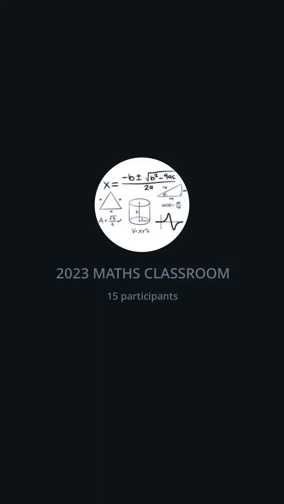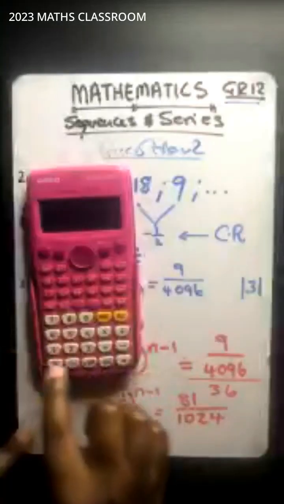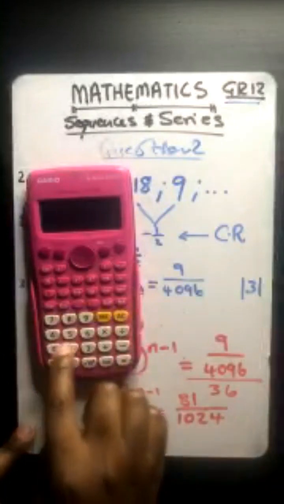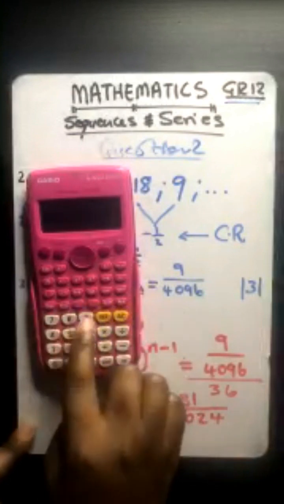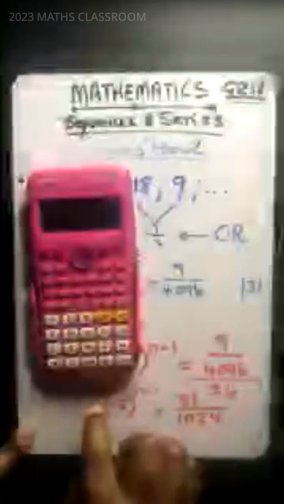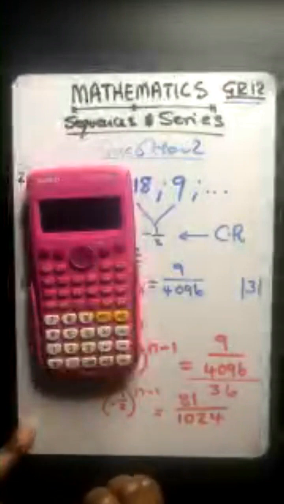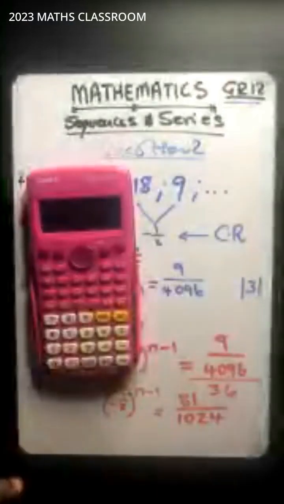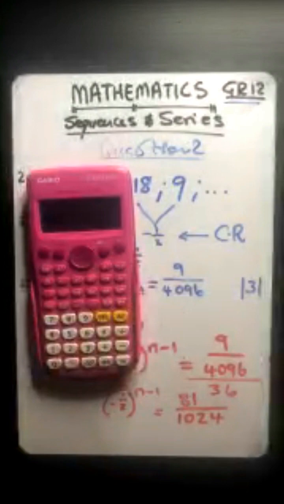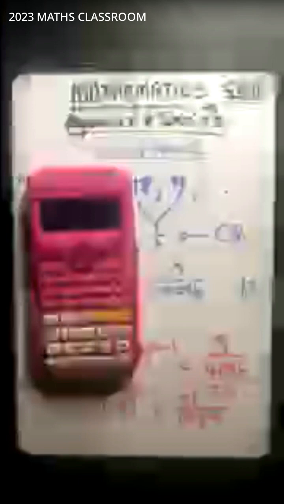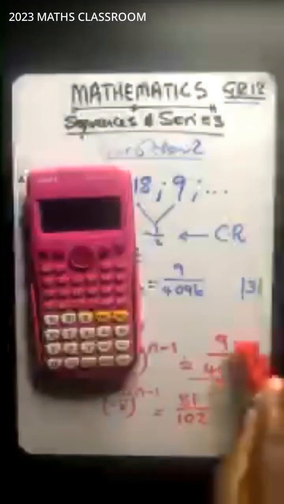Guys, why is it like you guys are watching family? It seems like you guys are gone. What is that when you punch it on your calculator?